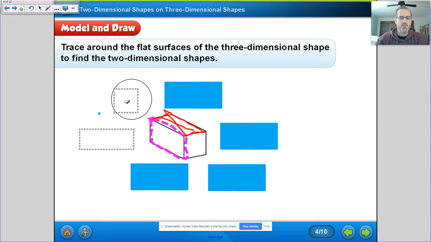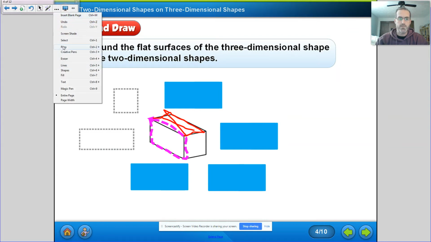Well, that one here is another rectangle. So this little square here is for the other side that you can't see. So we know that there's a rectangle here, a rectangle up here. And I think what they're saying is on the other side that you can't see, there is a square.